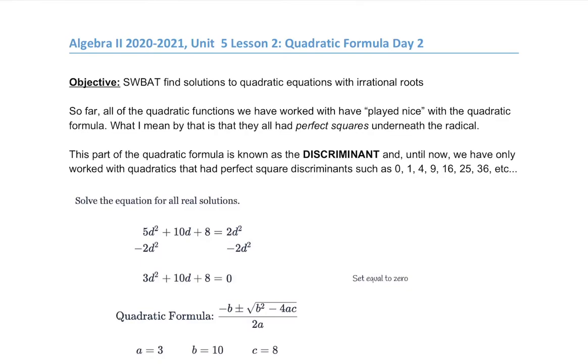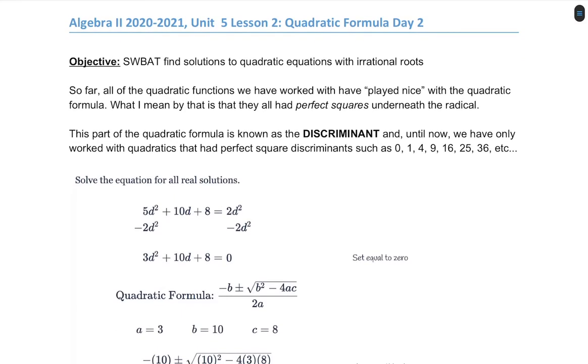What I mean by that is every time we've had a problem where we were asked to apply the quadratic formula so far, you set everything equal to 0, you figure out your a, b, and c coefficients, and along the way, part of that quadratic formula is plus or minus the square root of b squared minus 4ac.